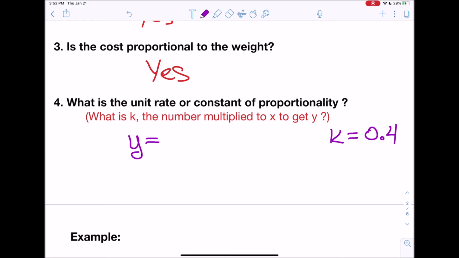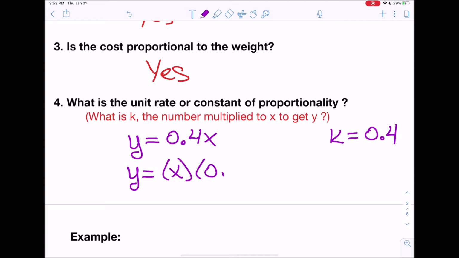So that means y will always equal whatever x is times 0.4. So we can write that as 0.4x. Okay? Whatever y is, it will equal x times 0.4, no matter what x is.